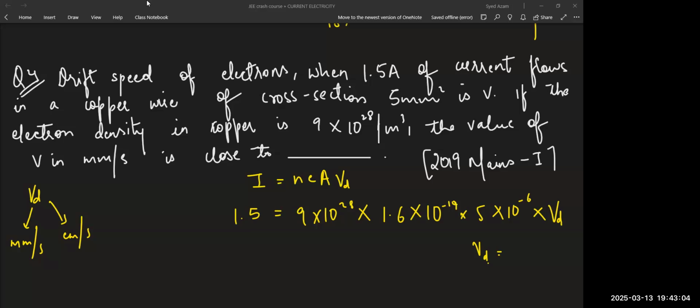As you get the answer, you can type in the chat box. Okay, what I'll do, let me give you the options.